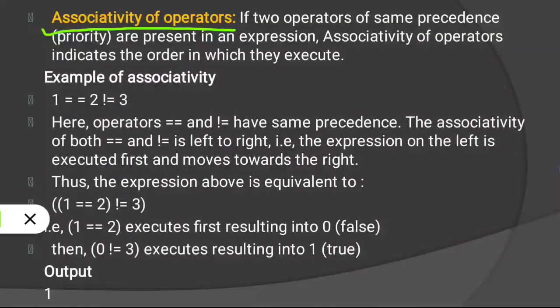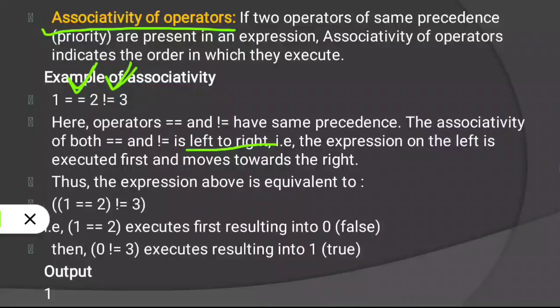See, here double equal to, not equal to. One example written here, 1 double equal to 2 is not equal to 3. This double equal to is a relational operator, not equal to is also a relational operator. Then how we will solve? Now this one we will solve from left to right.